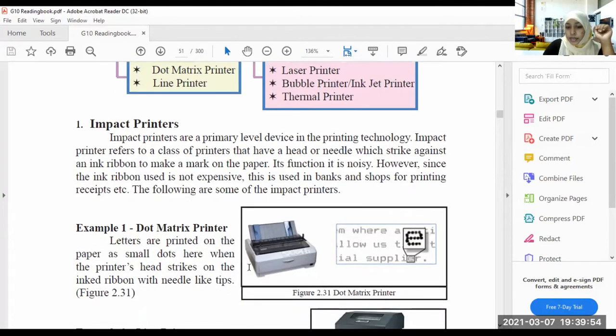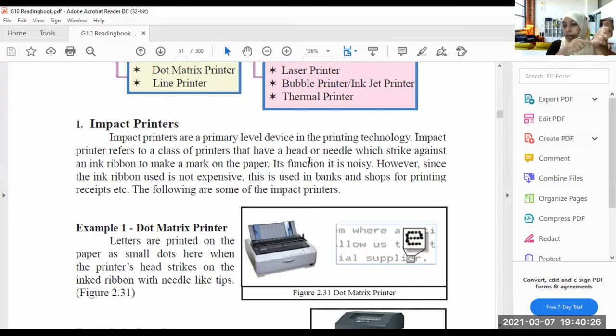So this is an impact printer. There is a small head or needle which impacts the ink. There is a ribbon, okay, that ribbon is the ink. There is a long ribbon in this printer. Then the things which are written on the paper will be written by using this head or the needles.